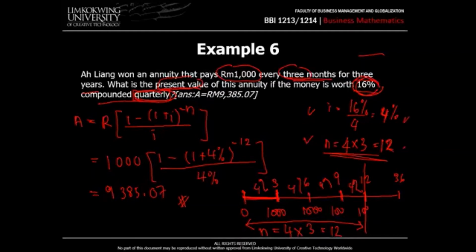You cannot get it directly from here because it paid 1,000 every 3 months. And then N is 12 that we got from here. Because the formula already gives negative, you have to use negative. Divide by I, which is 4%. Then you get the answer after you press the calculator for all of them.